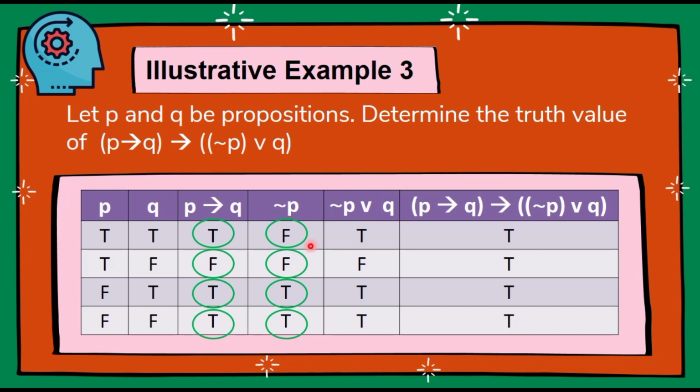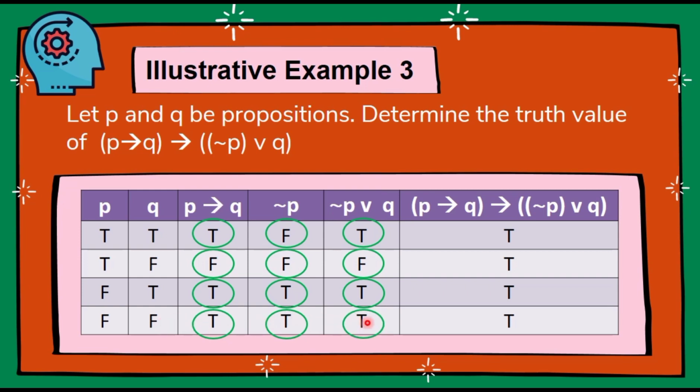So let's compare. False, true. It will be true. False, false. It's false because we have no true. True, true, and it will be true. True, false, and it is true.